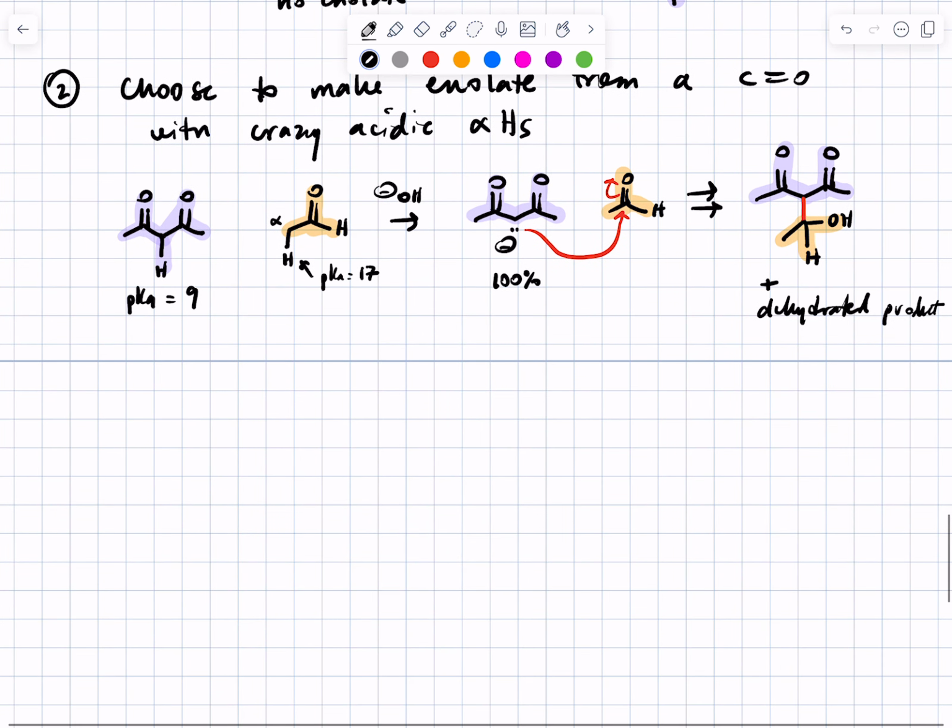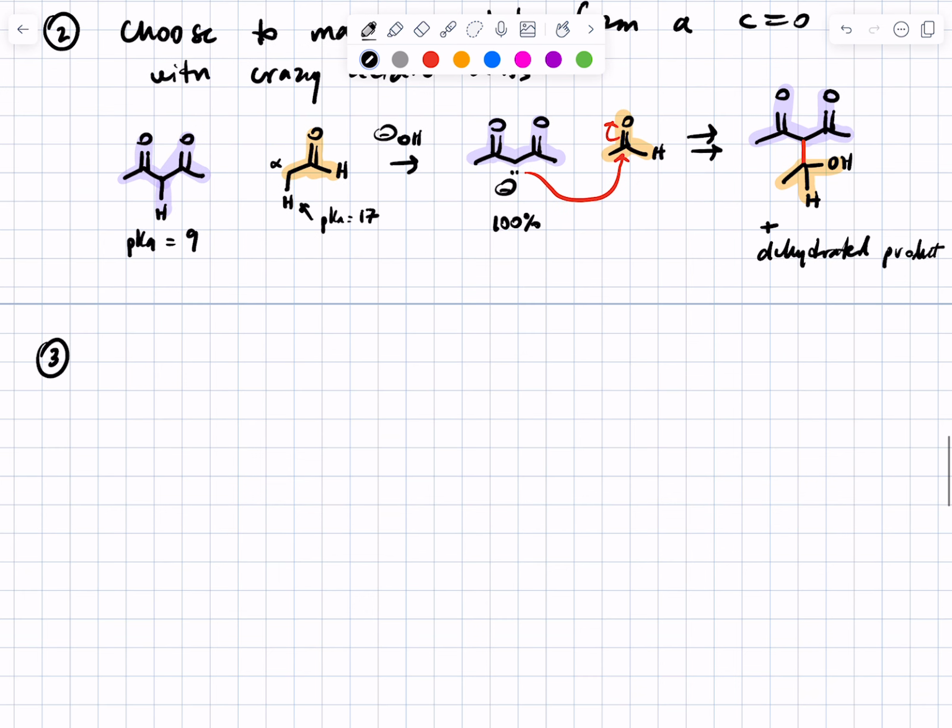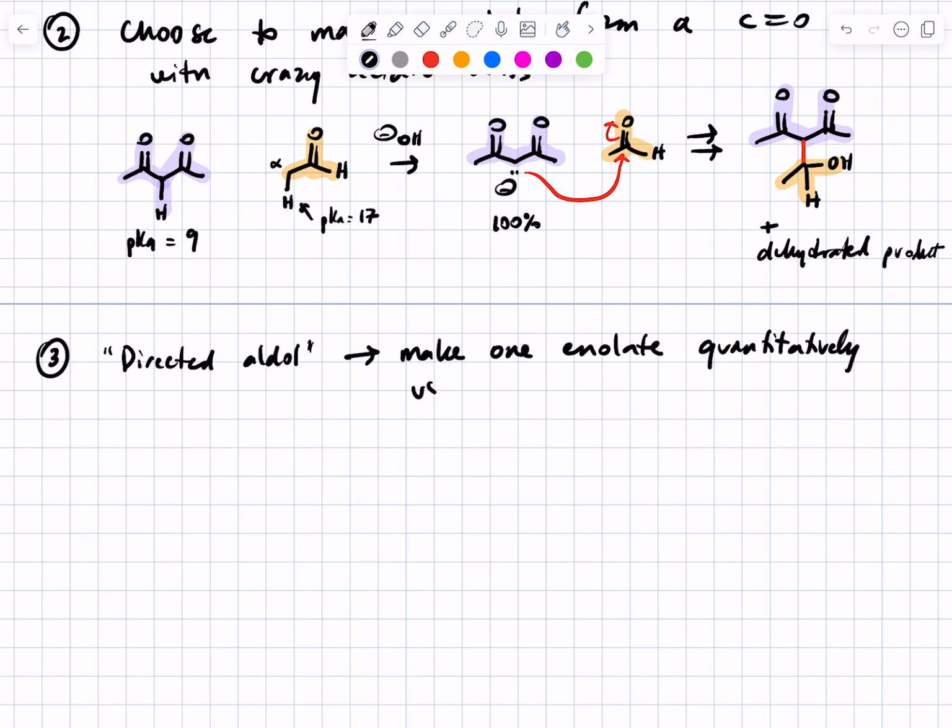The last workaround that you can do, and this is going to be the one that I think you will like the most, your text calls the directed aldol. And the strategy here is make one enolate quantitatively, that means with 100% yield, using LDA, and you do that first.